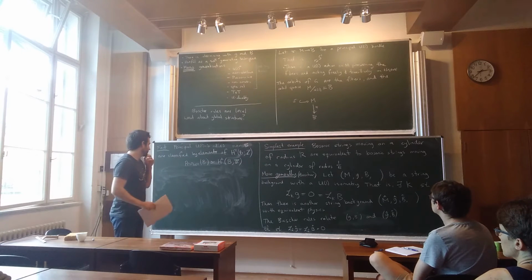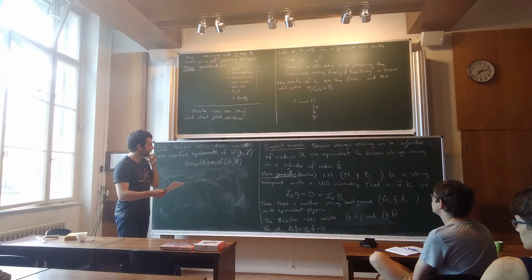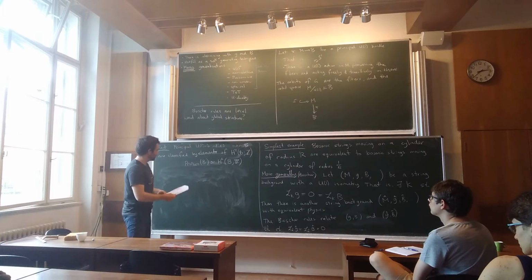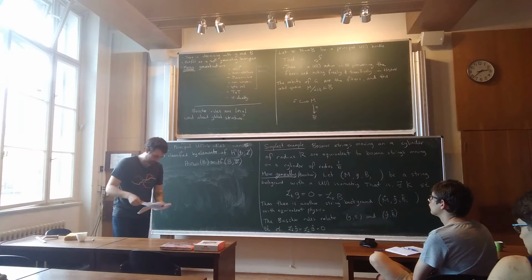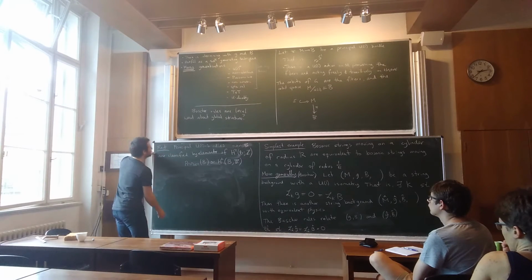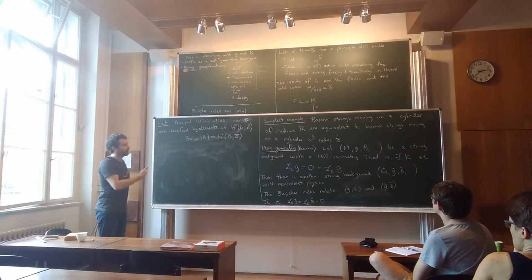Up to isomorphism at least. And this isomorphism is realized explicitly by the Chern class or the Euler class of the bundle. So if you're used to thinking about these things, that's something you can think about.